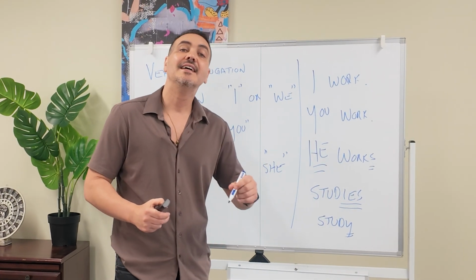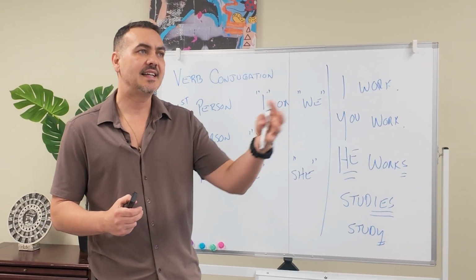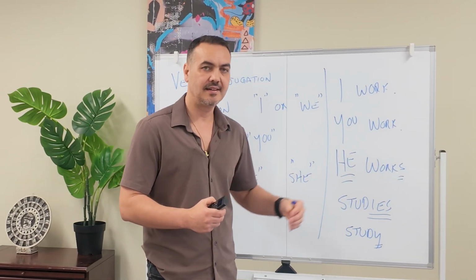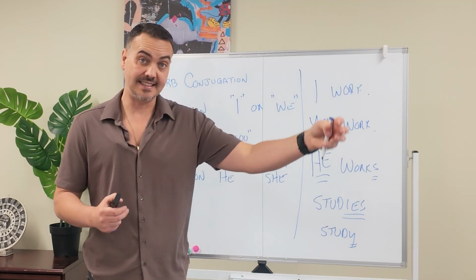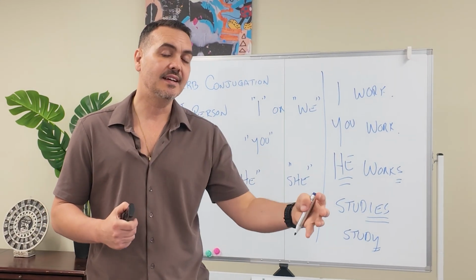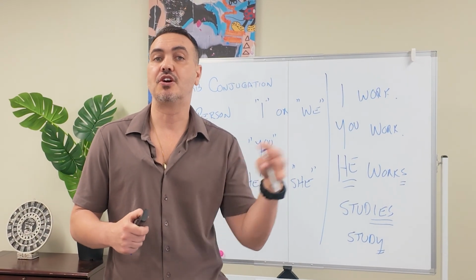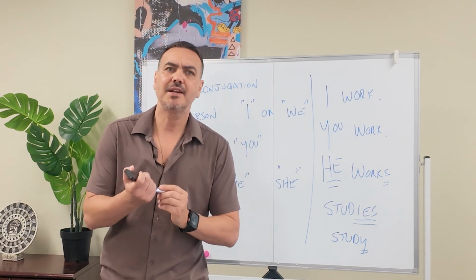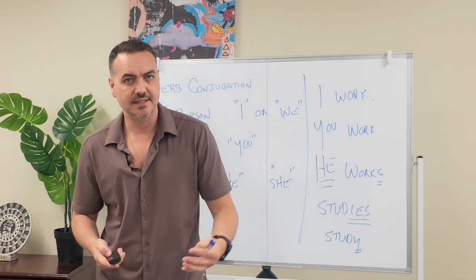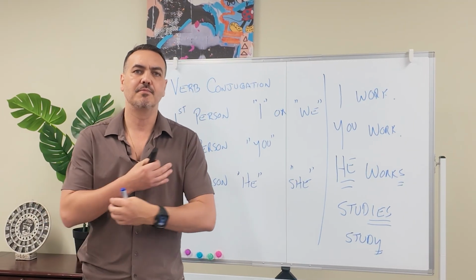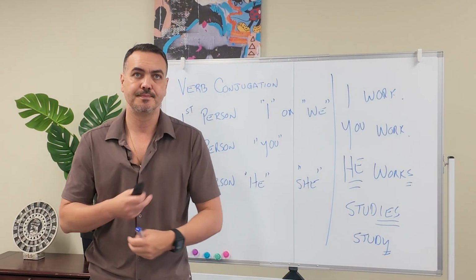So you wouldn't say he study. You would say he studies. She studies. But when you get to the word they in the third person, you would again go back to study. They study. It can be a little bit confusing and it takes practice, of course, but the more you're speaking, the more that will come naturally to you.